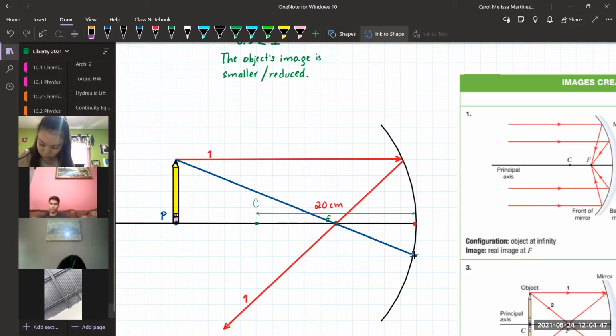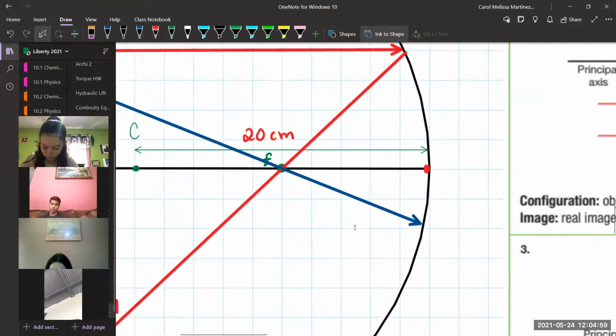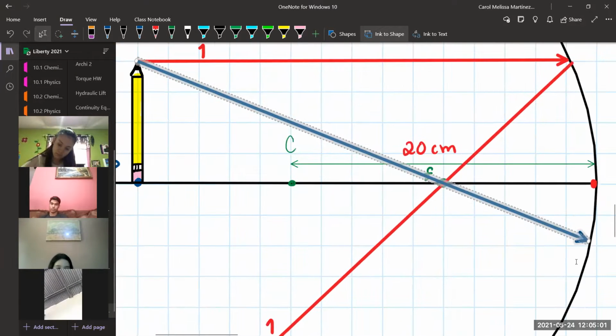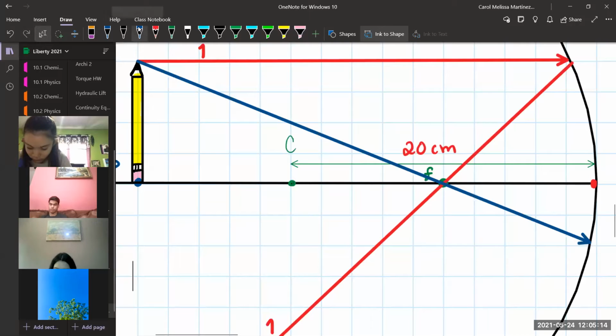So it passes through the point F. Okay. And then it bounces back horizontally.